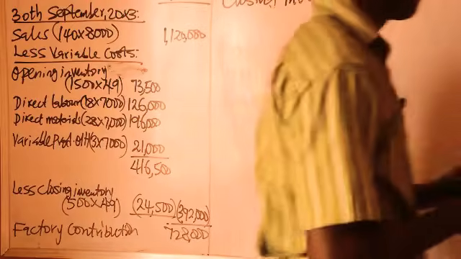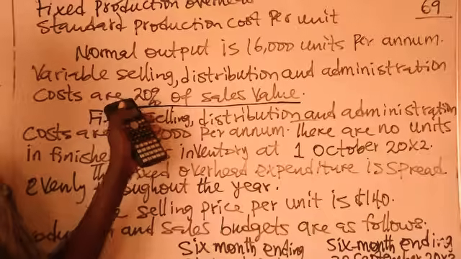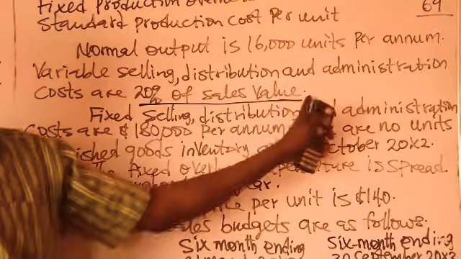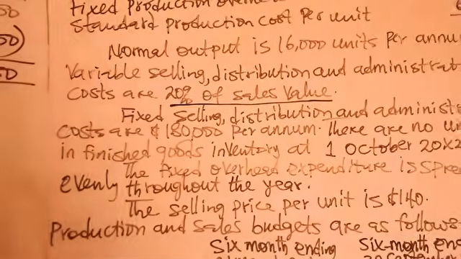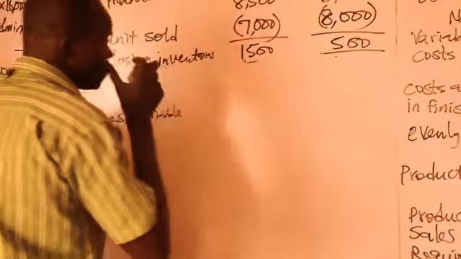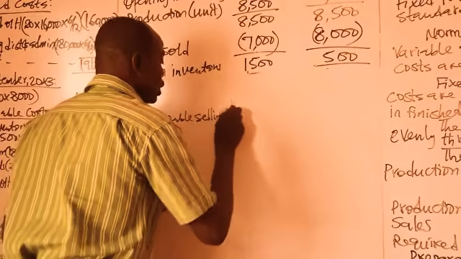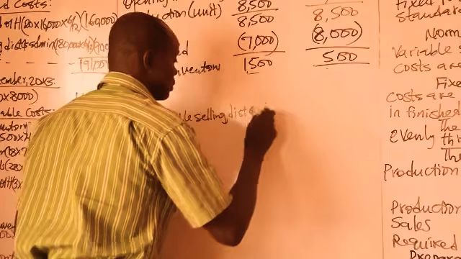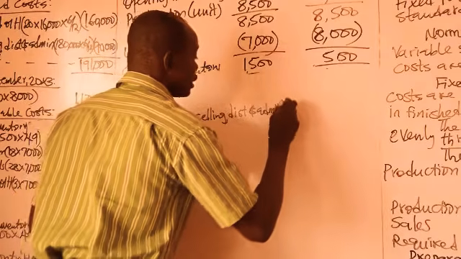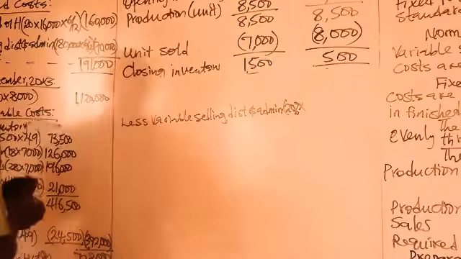Then we have variable selling, distribution, and admin cost, which you were told is 20% of sales value.